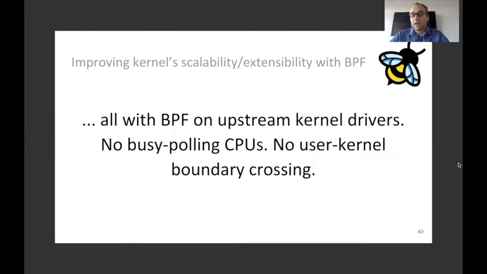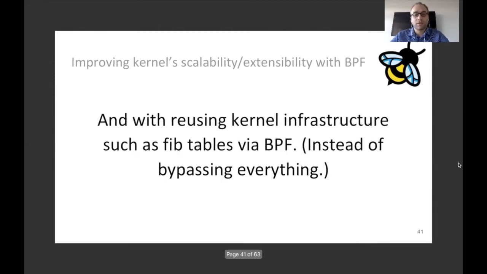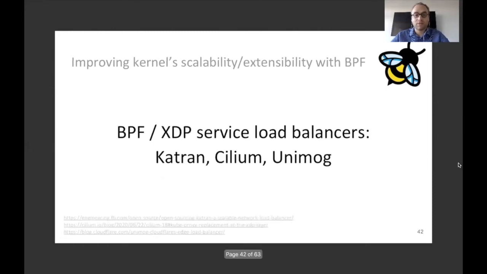And that all happens with the upstream kernel drivers that have XDP support. You don't have to busy poll CPUs, and there's also no user kernel boundary crossing. Given that it's BPF, you can reuse existing kernel infrastructure. For example, you have those BPF helper functions that can do routing lookups, just to mention one.